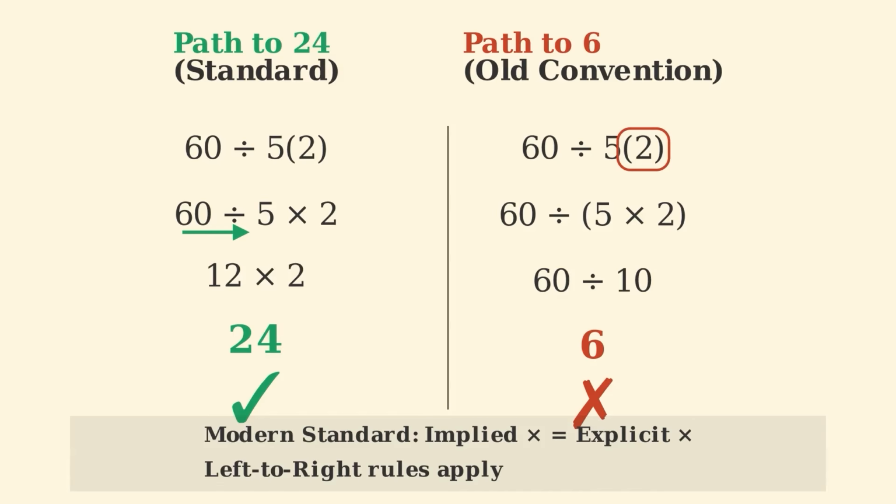In the current universal standard, implied multiplication has the same priority. If the problem truly intended the division to happen last, it would have been written unambiguously using brackets like this. 60 divided by the quantity 5 times 2. They did not. Therefore, we follow the standard, unambiguous rules.